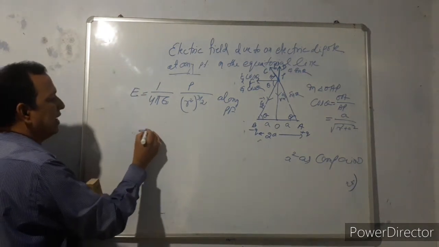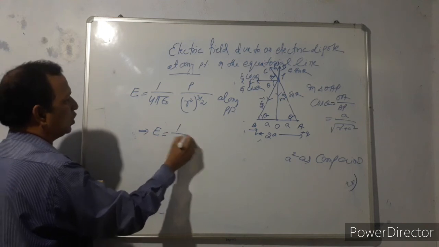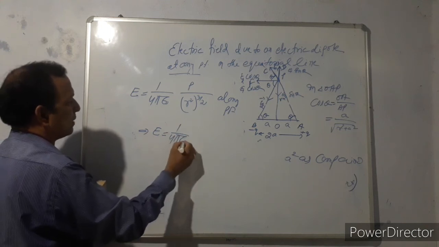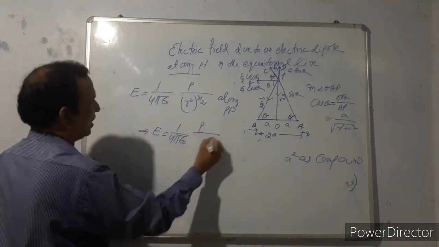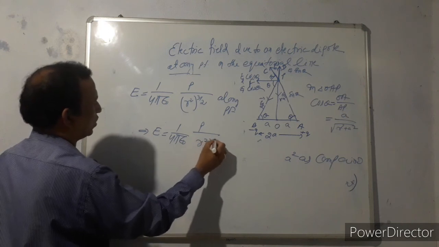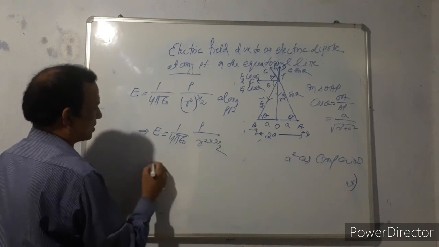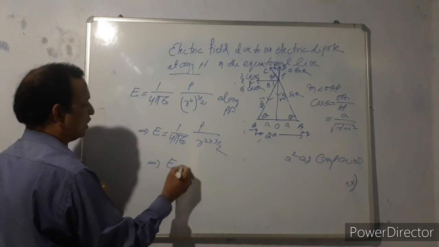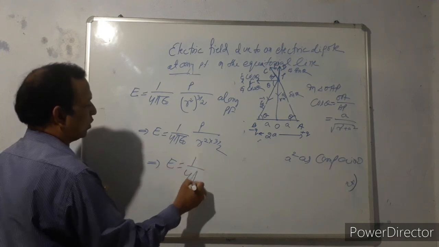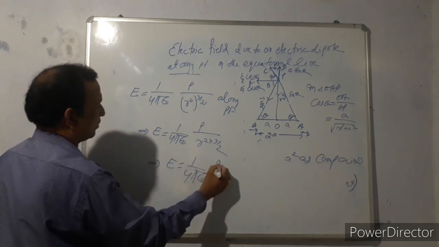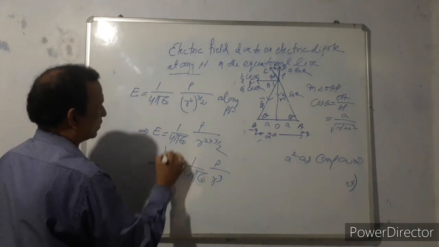This implies E is equal to 1 by 4 pi epsilon naught p by r square into 3 by 2, that means E is equal to 1 by 4 pi epsilon naught p by r cube.